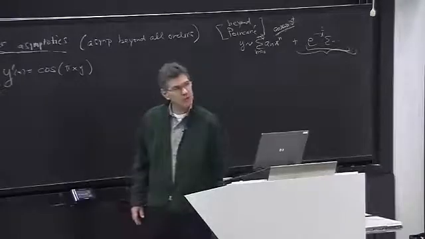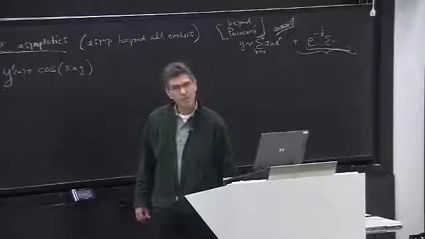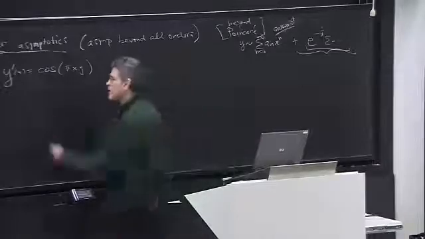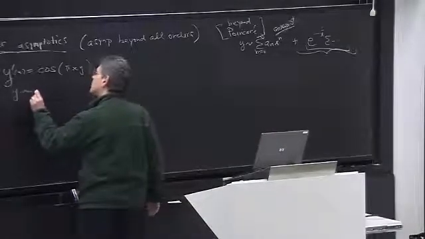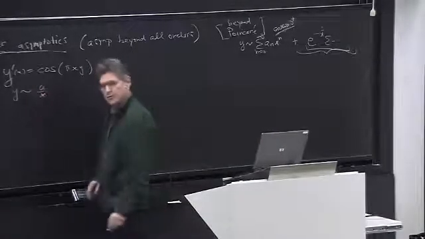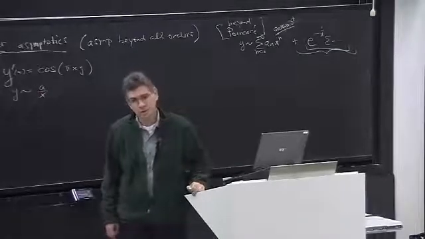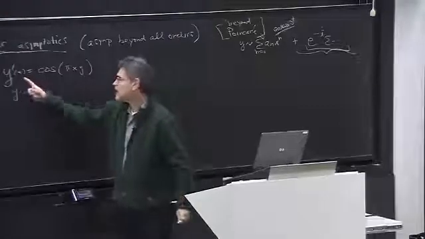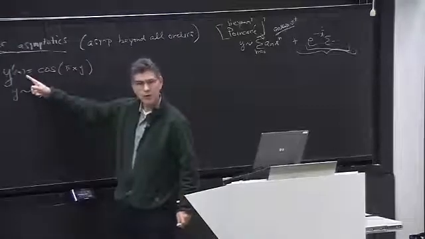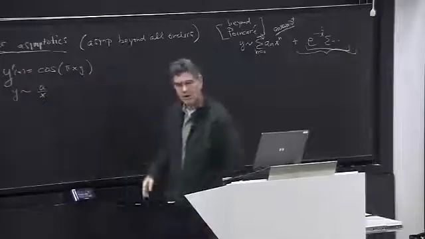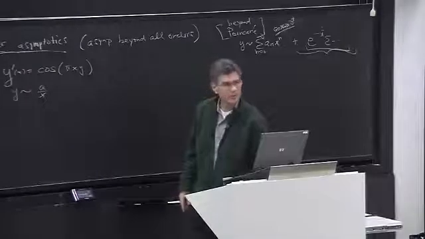Can you imagine what the solution might look like? So I propose that y goes like a constant over x. Now that's a nice simple result. How could this be? On the left side, the derivative would go like 1 over x squared, which would be approaching 0. How could the right-hand side approach 0 at the same time?